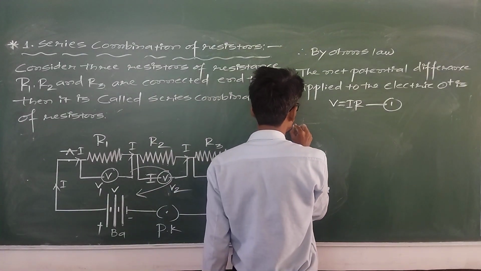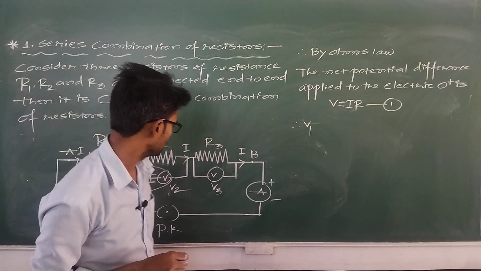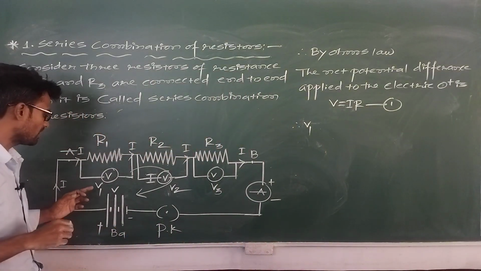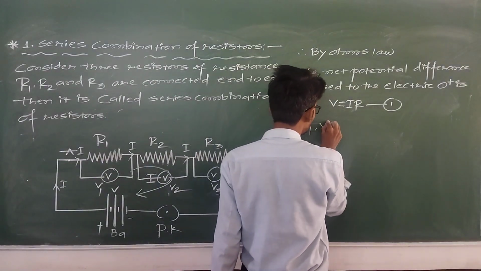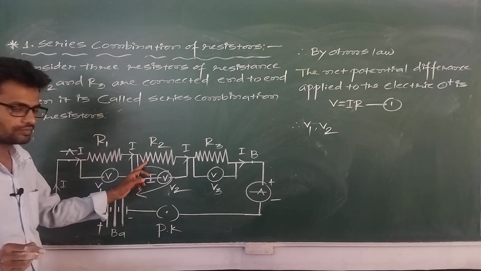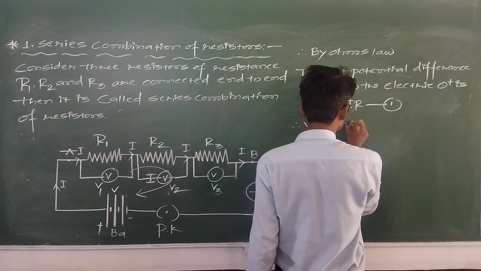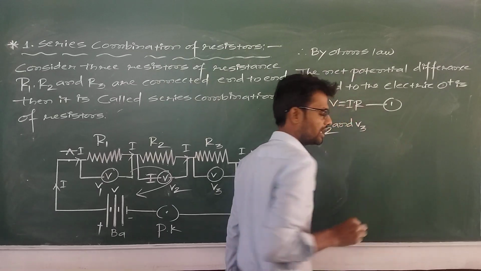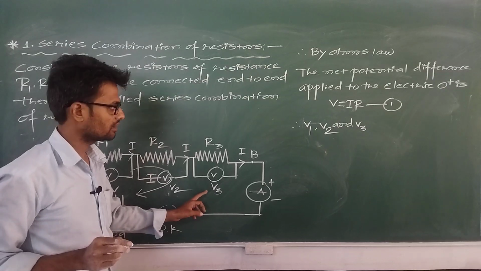Now I will write V1, the potential difference drop across R1, V2, the potential difference drop across R2, and V3, the potential difference drop across R3.